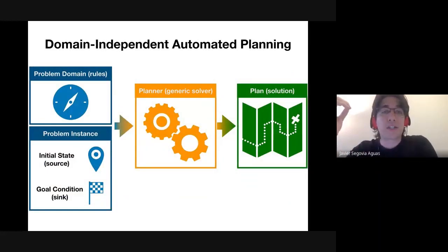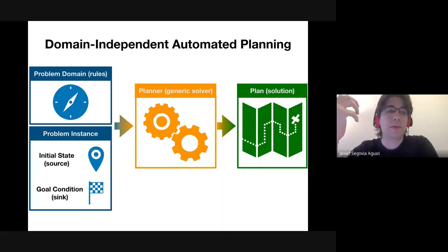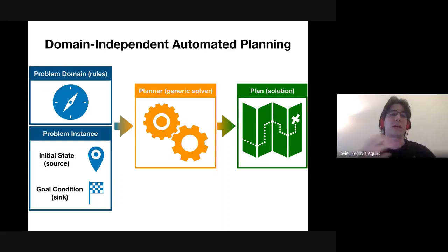The general picture of domain-independent automated planning is that we have these 3 steps. In the first step, we have the input, where we specify, on the one hand, the problem domain with all the rules, that is, all the actions that we can use to interact with the world. And on the other hand, we have the problem instance, the initial state and the goal condition, which are separated, but both are used as the input to the planner.